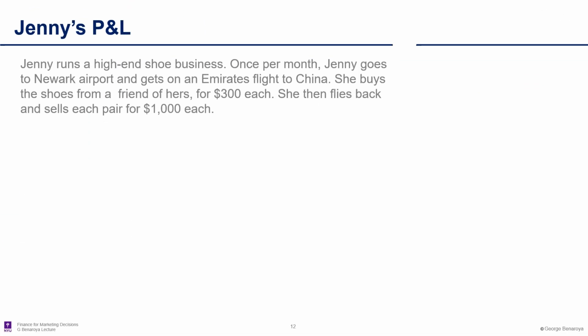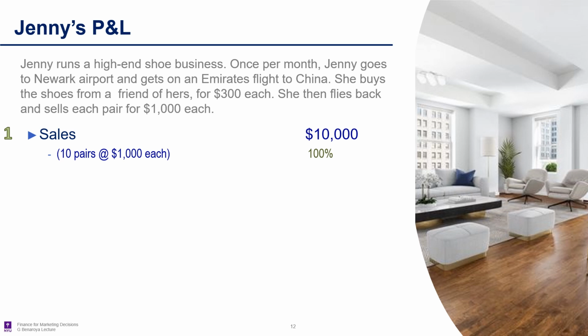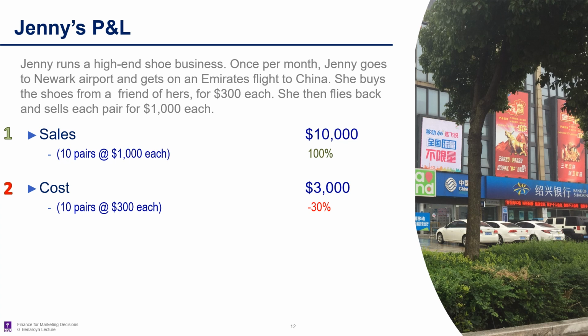Let's do Jenny's P&L together. We said that she sells 10 pairs of shoes in her apartment for $1,000 each. So her sales are $10,000. We said that she buys the shoes from a friend in China at $300 each. So her cost is $3,000.